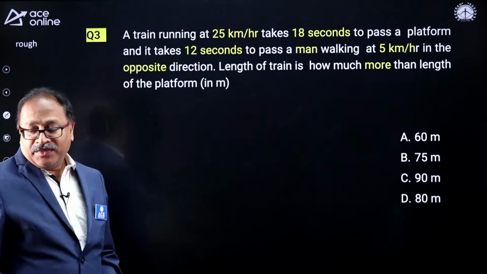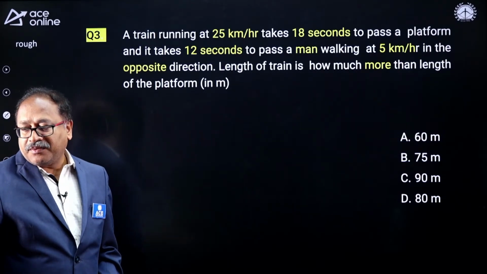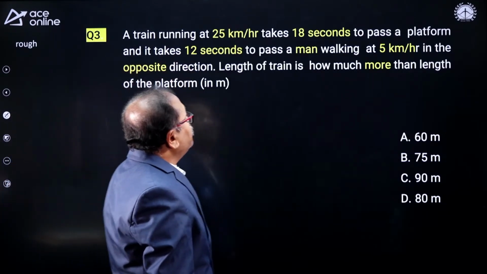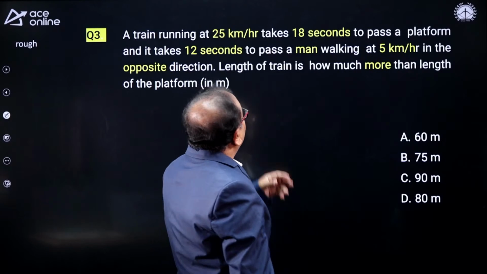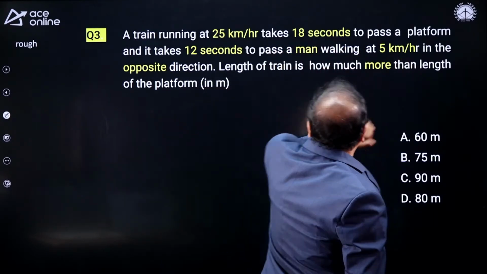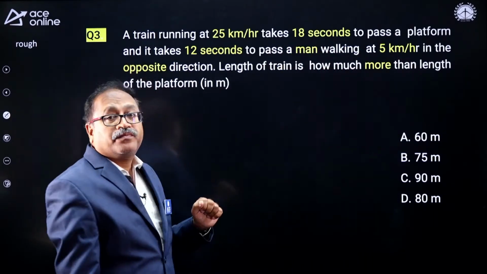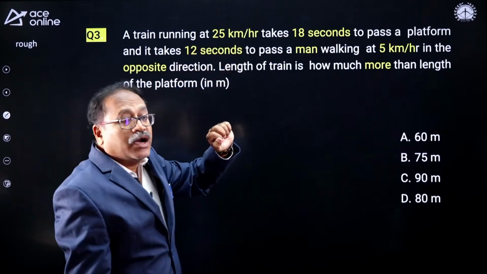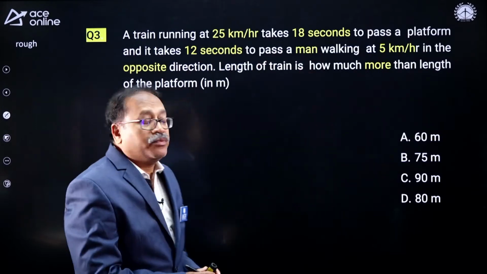What is the next question? Question number 3. Here it says, a train running at 25 km per hour takes 18 seconds to pass a platform. So the train speed is given and the time to cross the platform is given.